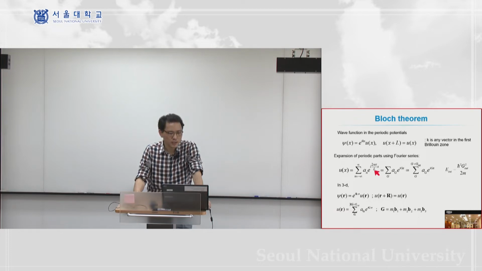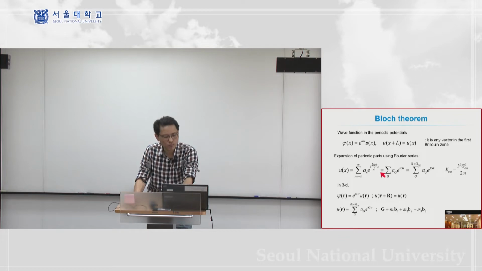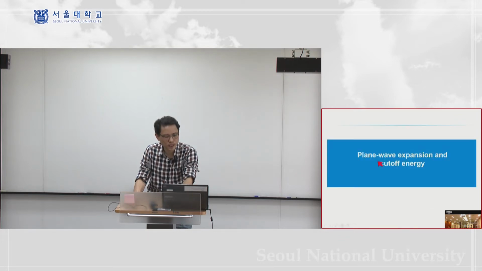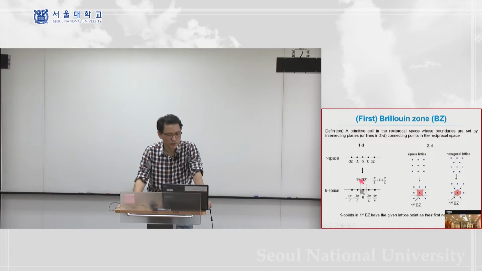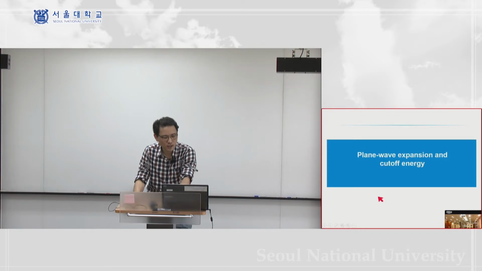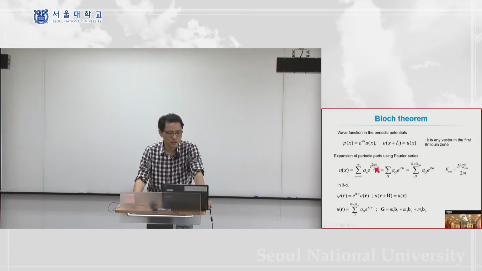Here you can notice that this part is equal to a lattice point in the reciprocal space. If you go back to the previous slide, it is a one-dimensional system with lattice parameter L. Then the reciprocal lattice points are 0, 2π over L, 4π over L, and so on.